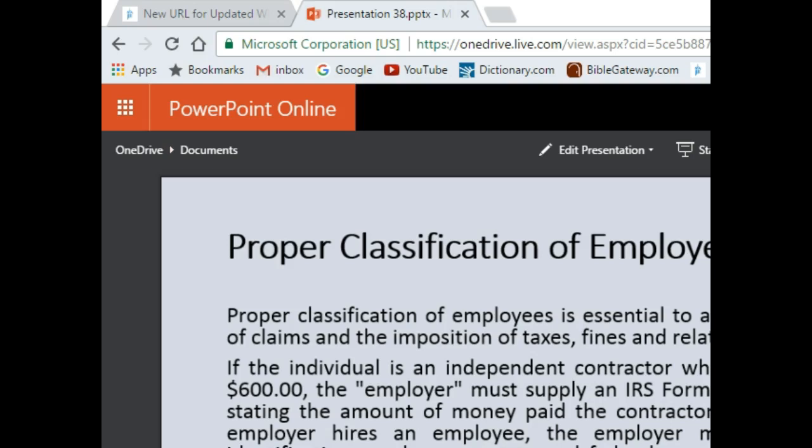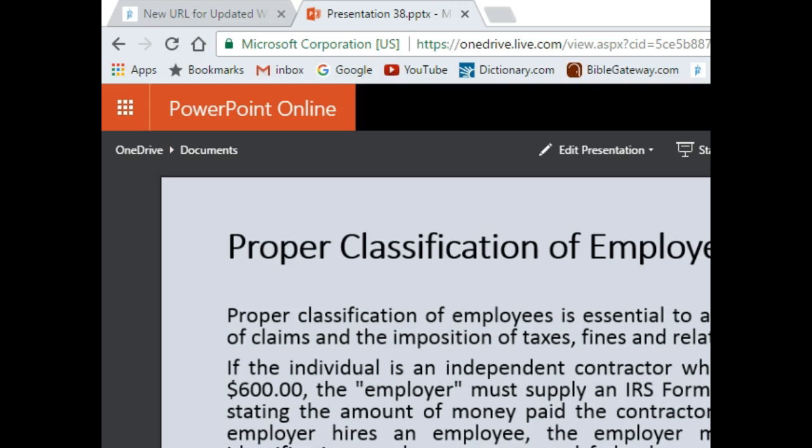If the employer hires an employee, the employer must have an employer ID number, pay state and federal unemployment taxes, provide workers' compensation, withhold payroll taxes, both state and federal, and submit payroll tax returns monthly or quarterly, and pay Social Security taxes equal to the amount withheld and paid by the employee. None of that is required if there's an independent contractor relationship.